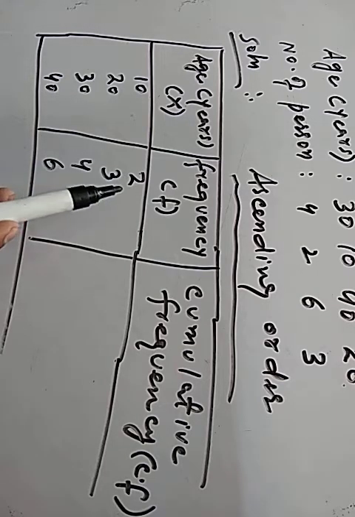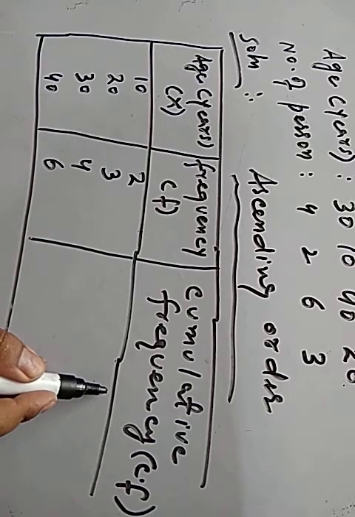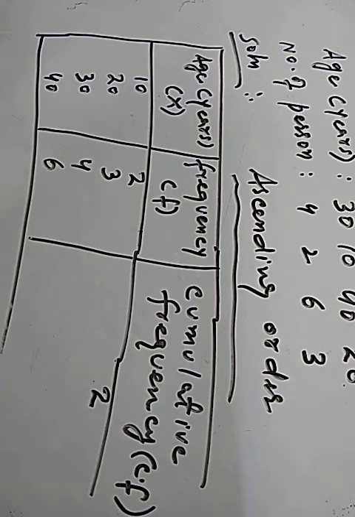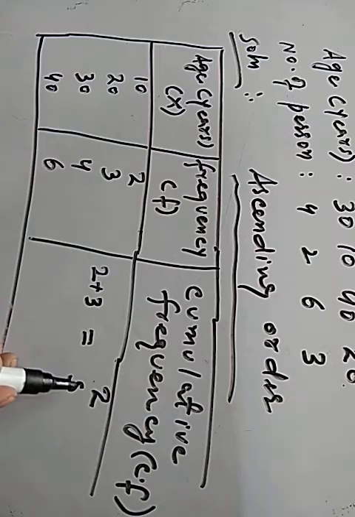Here the first value of cumulative frequency will be the same as the simple frequency, that is 2. Now to this value of 2 we have to add the succeeding simple frequency, that is 3. 2 plus 3 is 5. Cumulative frequency will be 5.